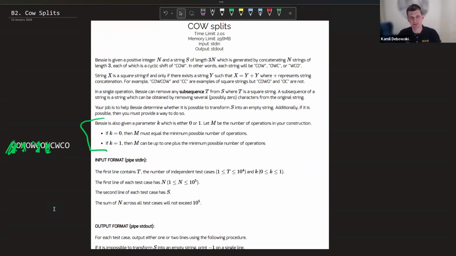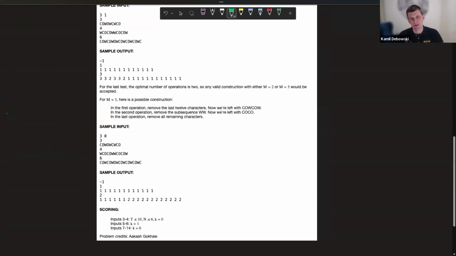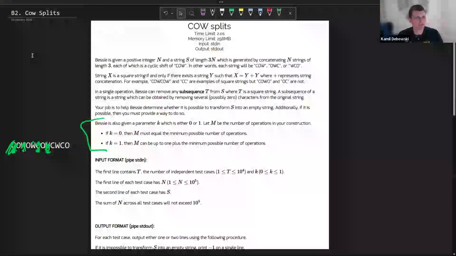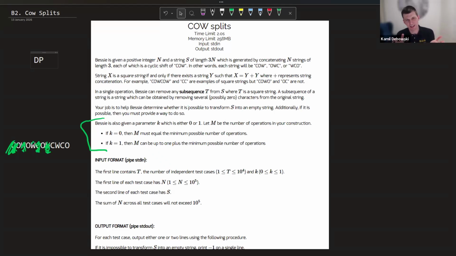Another thing that suggested this to me is that in some way, the problem must be simpler if we are allowed 1 extra operation. Usually when, for example, it's some kind of DP problem, if it's dynamic programming and you're computing that the number of operations required is 70, is it that different to achieve something in 70 versus 71 moves?